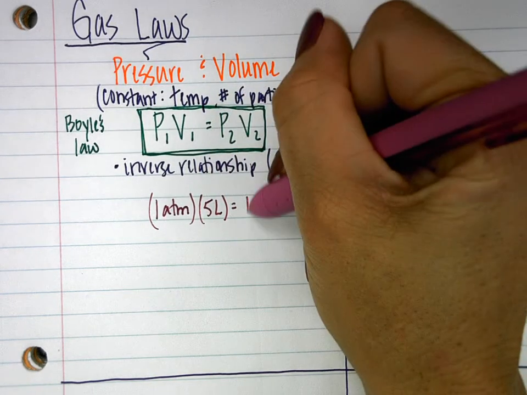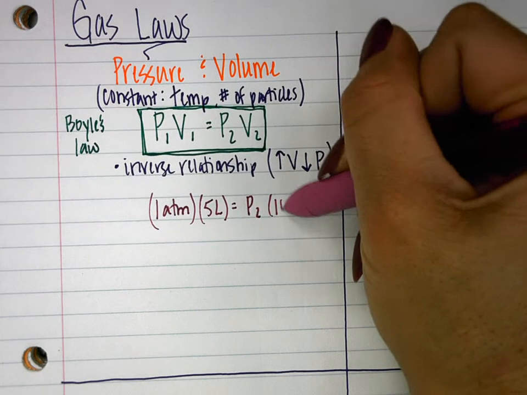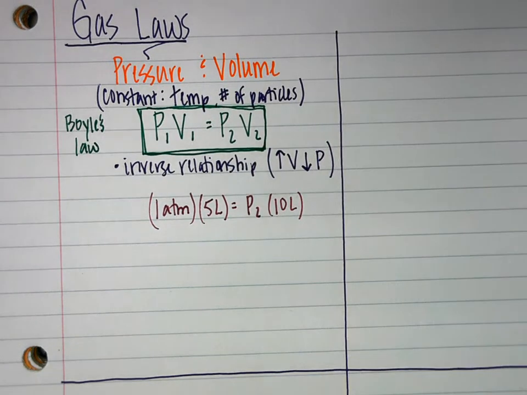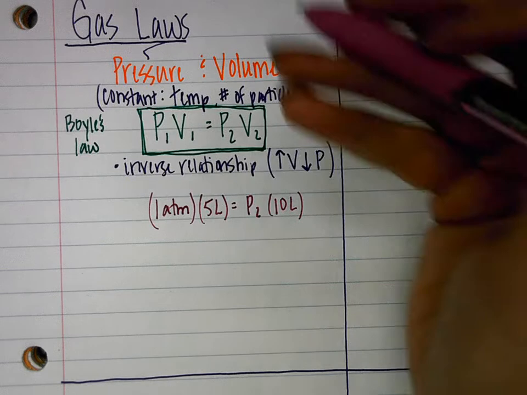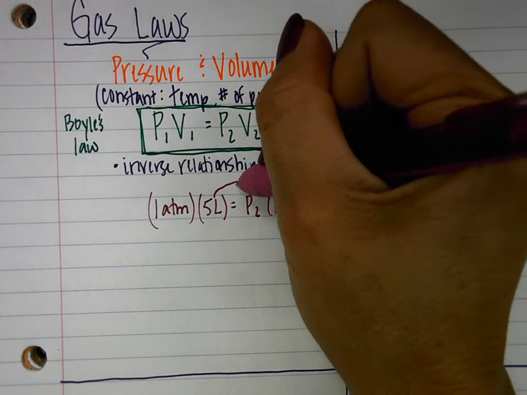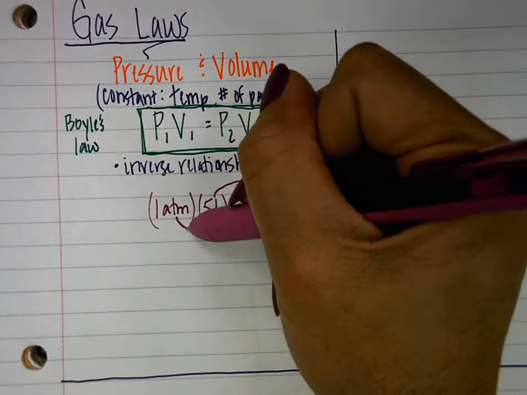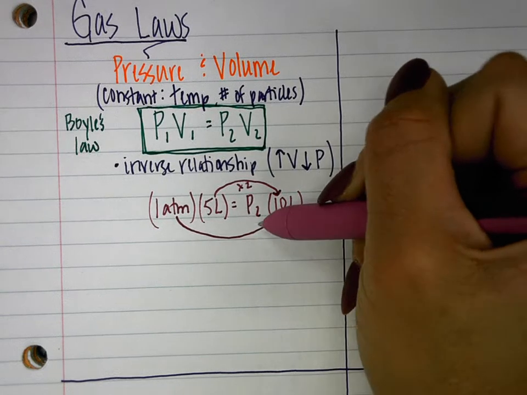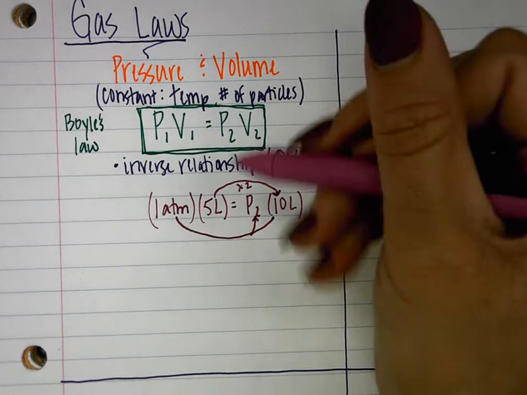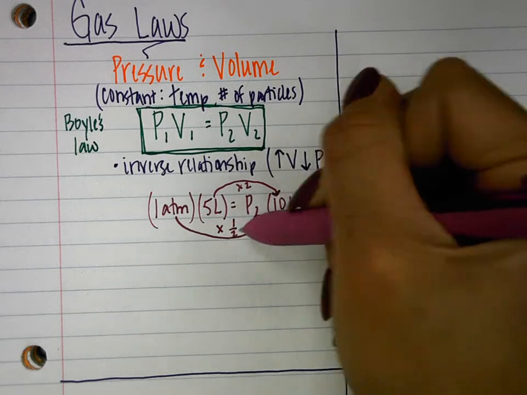And we want to figure out that pressure if the volume doubled. So if they're nice things where you can see the relationship, we can see here our 5 liters doubled, times 2. Well, since it's an inverse relationship, your pressure is going to decrease by a factor of 1/2.